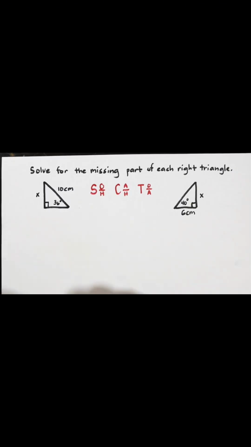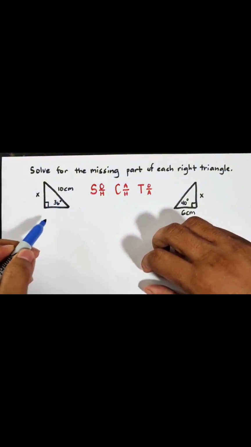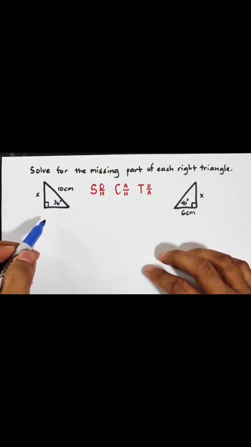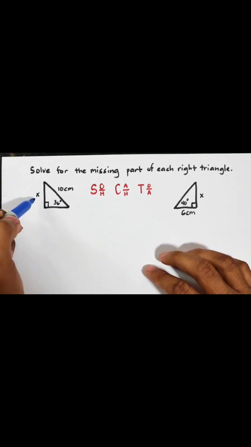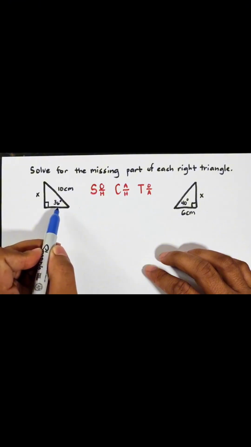This is a given right triangle, and what we have here is an acute angle, which is 36 degrees. What we need to do is to know what kind of side each of these is with respect to the acute angle of 36 degrees.